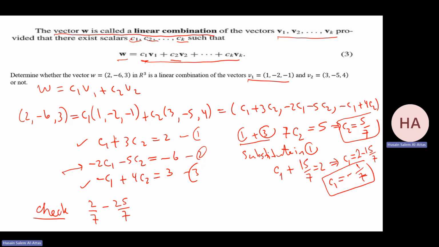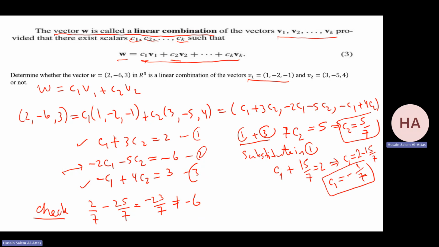That gives me minus 23 over 7, which is not equal to minus 6. So this does not satisfy this condition. It doesn't satisfy the three equations. I'm looking for C1 and C2 which satisfy all the three equations.